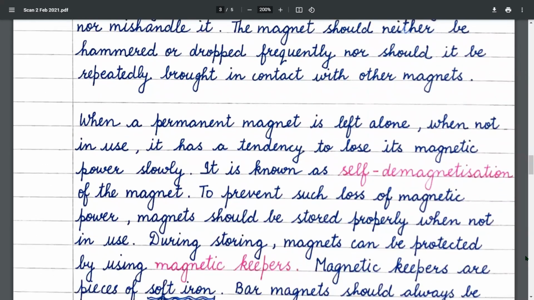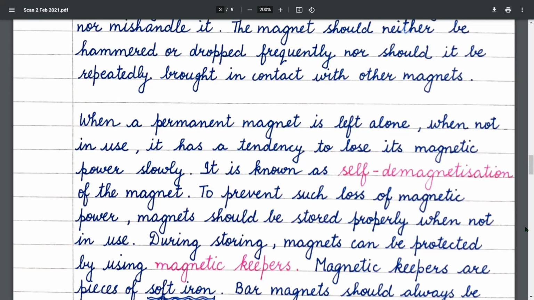When a permanent magnet is left alone, when not in use, it has a tendency to lose its magnetic power slowly. It is known as self-demagnetization of the magnet.